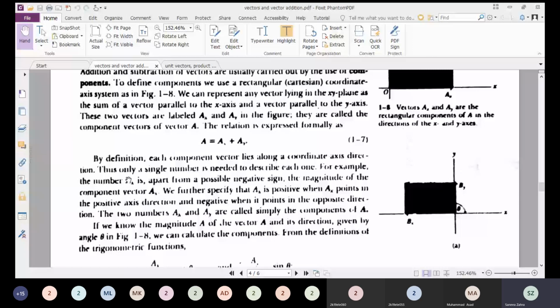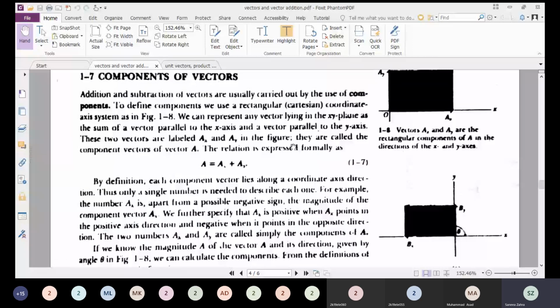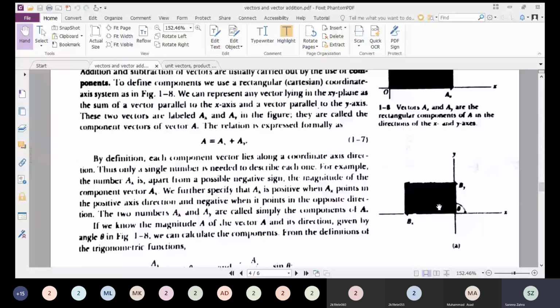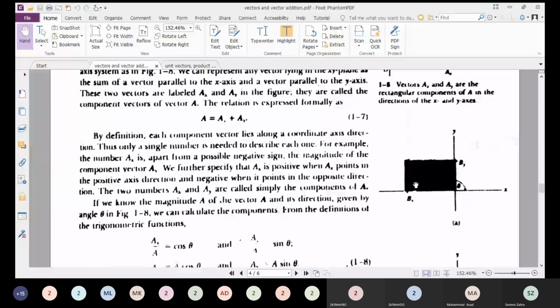Okay, here you can see if it lies in the first quadrant, your vector components will be positive. If it lies in the second quadrant, what will happen? The x component will become negative, whereas the y component will remain positive. Fine.